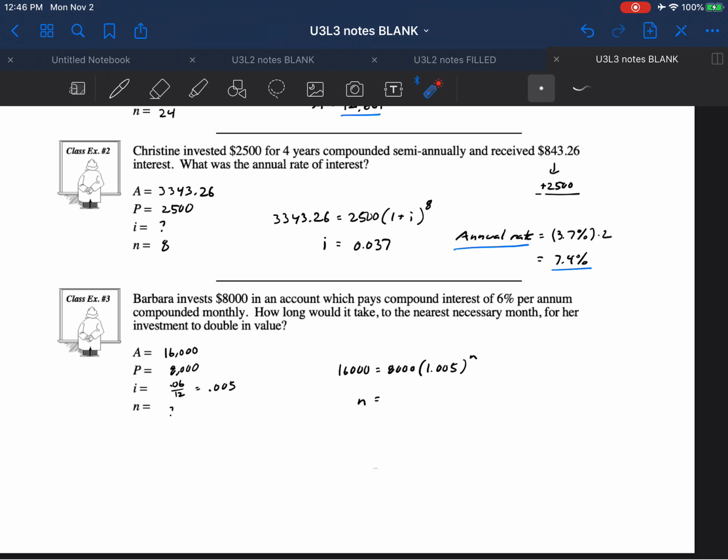My left side is just going to be 2, and that's going to equal 1.005 raised to some power x.